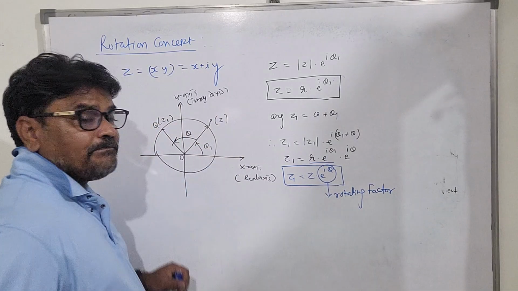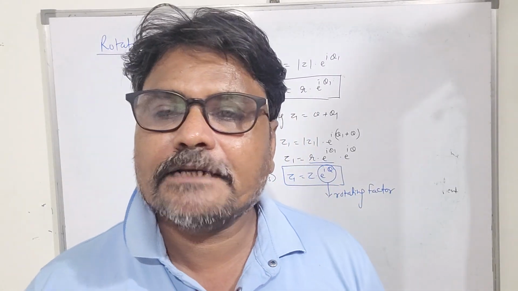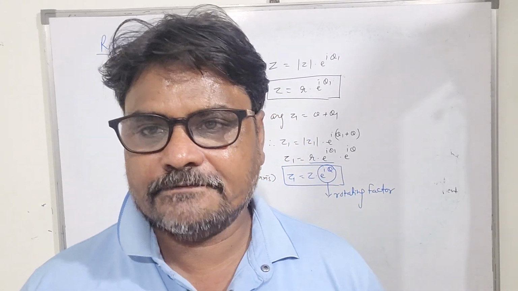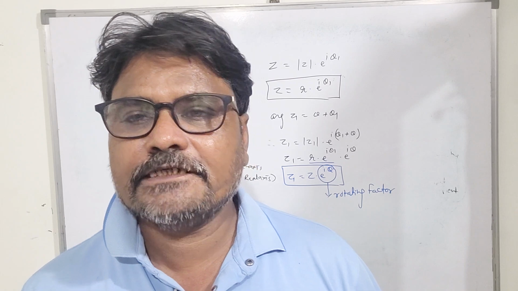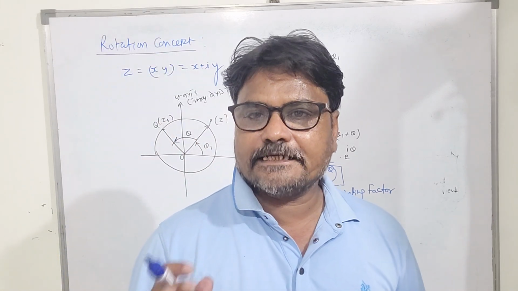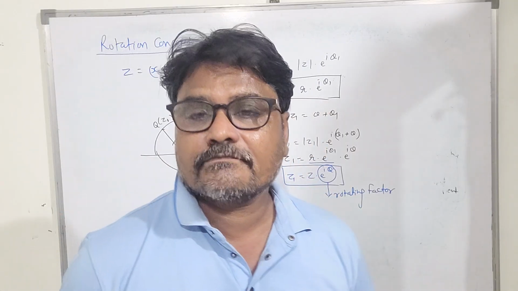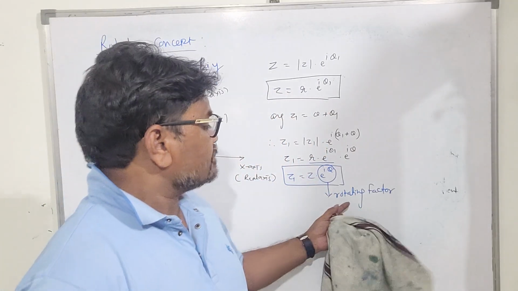So when I multiply any complex number Z by e^(iθ), it means Z is being rotated theta degree in the anti-clockwise direction, because e^(iθ) is just a rotating factor.